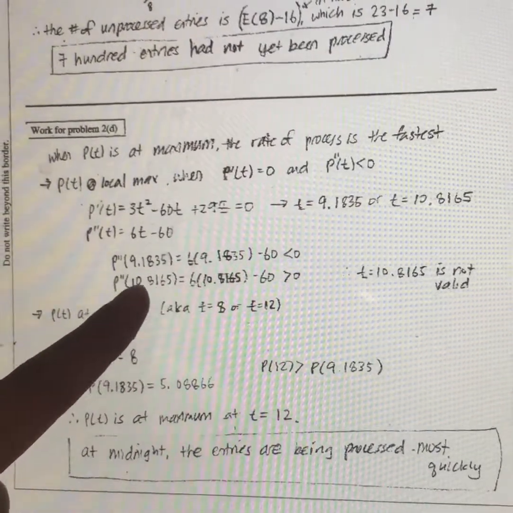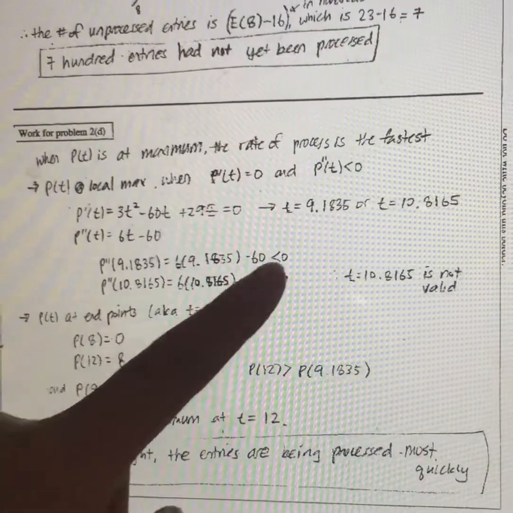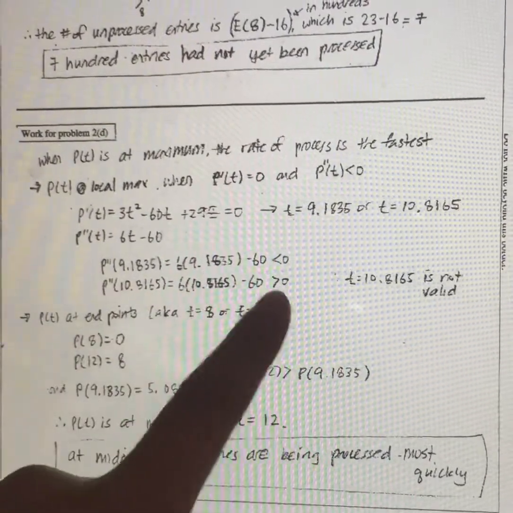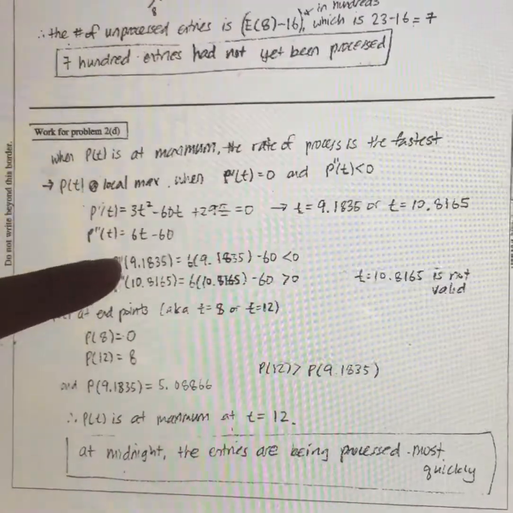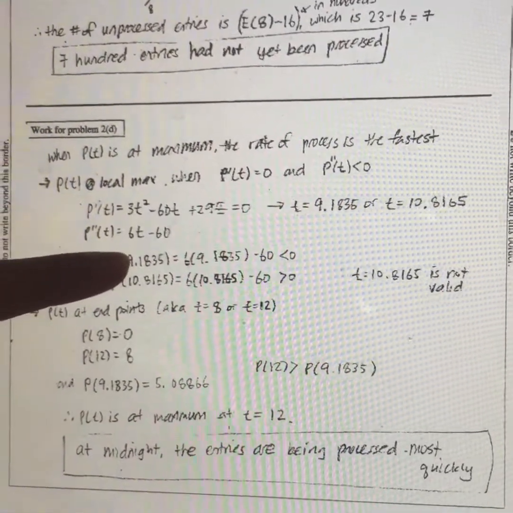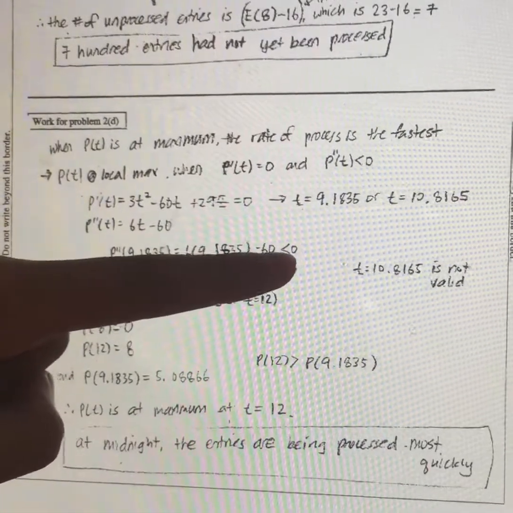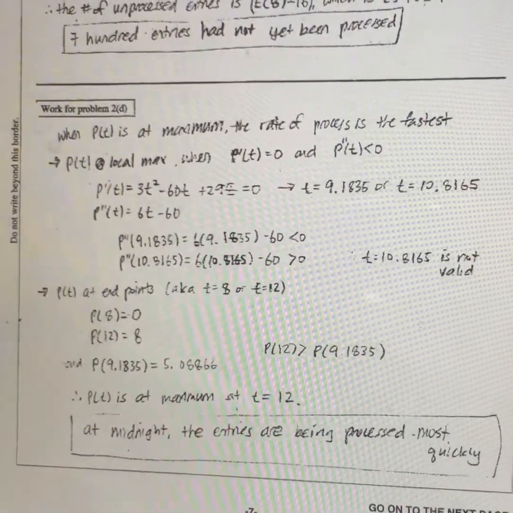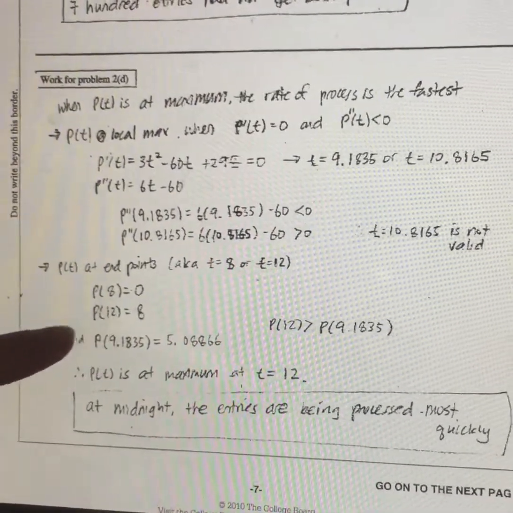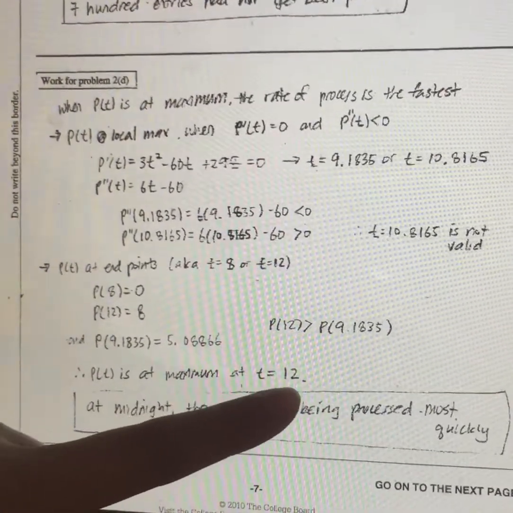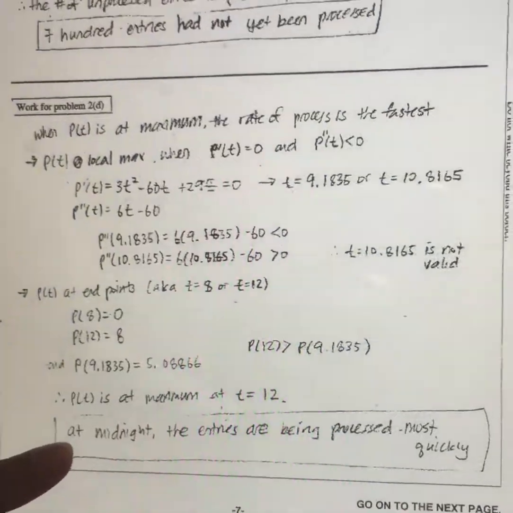And so since p double prime at 10.816 is greater than 0, that means that it's concave up, and that would be a min. So they just went with 9.183, which is concave down, which is a max. So then they only used those 3 numbers, 8, 12, and 9.183, and then they still found that t is equal to 12 was the fastest, and that's what they got for the answer. A key concept for part D would be just finding the absolute maximum of the function.